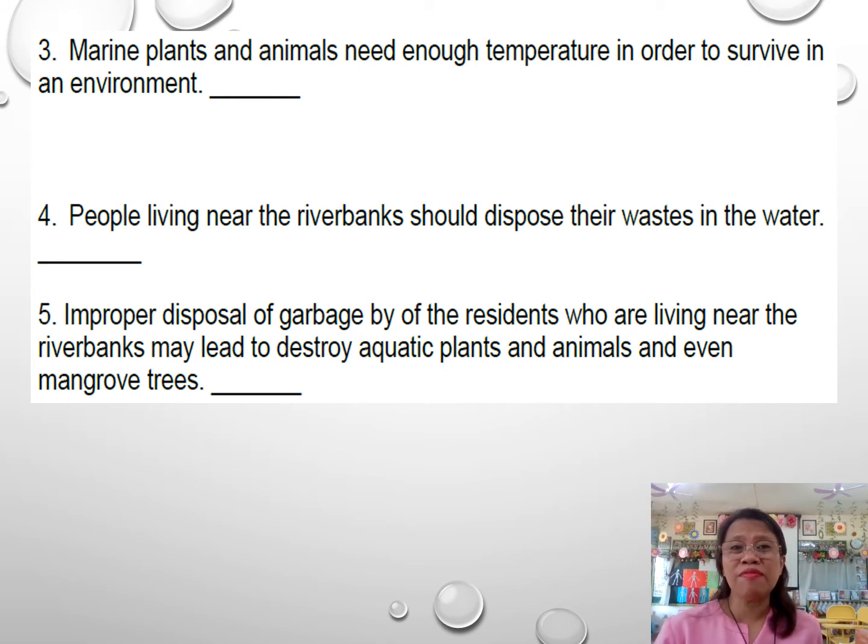Improper disposal of garbage meaning they just throw their garbage anywhere, those people living along the creek. It may lead to destroying aquatic plants, aquatic animals, and even the mangrove trees. True or false?